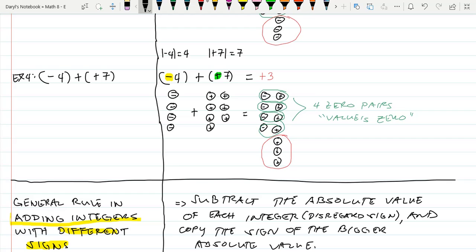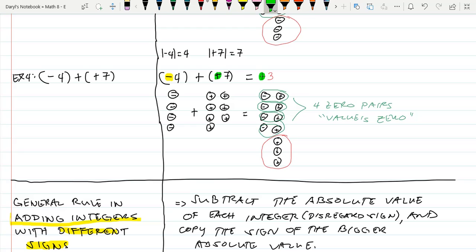So if you subtract 7 and 4, it gives you 3. However, the bigger absolute value, now 4 and 7, is it that 7 is a bigger number compared to 4? Again, in this case, we're just talking about the absolute value. So the final sign is the sign of the bigger absolute value. That's why we get positive here. Okay, so that's the meaning of that one.